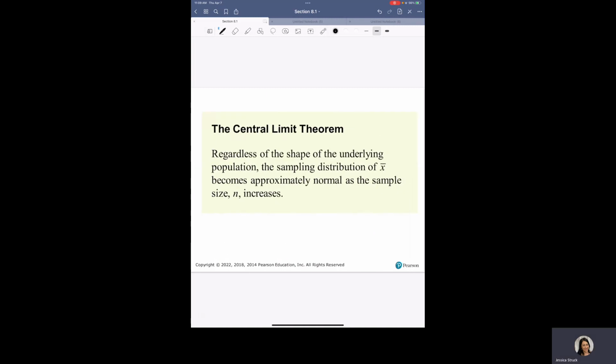So the central limit theorem actually tells us exactly that: regardless of the shape of the underlying population, the sampling distribution of X bar, the sample means, does become approximately normal as the sample size n increases.